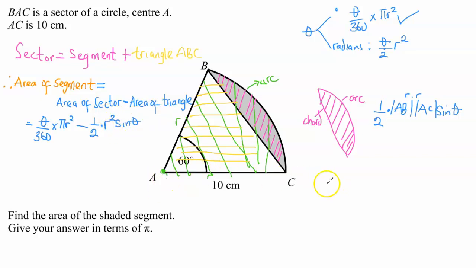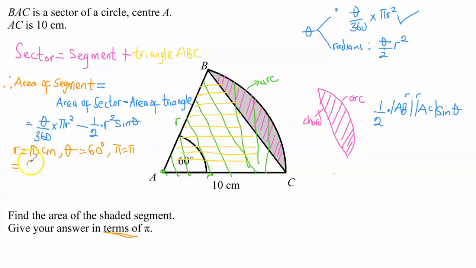So already we can see that the radius is 10 centimeters. We have established that already. The angle subtended by the sector and of course the segment is 60 degrees. We are asked to leave our answer in terms of pi, so pi is just going to remain as pi. So these are all of the parameters we need to obtain the area of the segment. So I'm just going to substitute this.